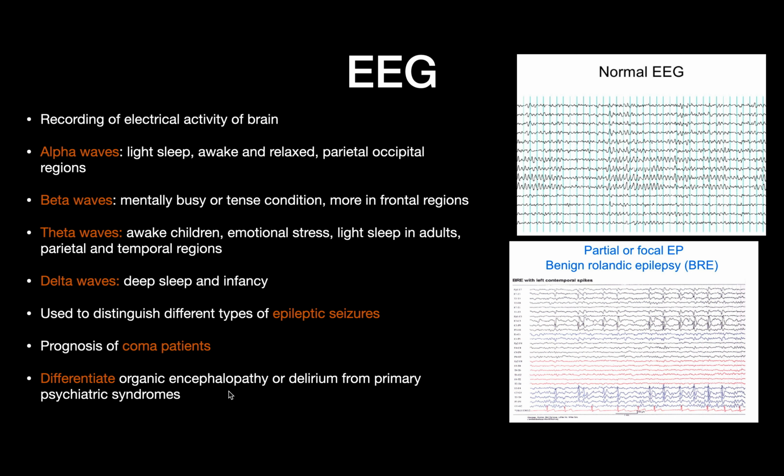The organic causes can be due to a stroke or trauma, and with the psychiatric syndromes there's less physical evidence. This is more like emotional stress, emotional abuse, trauma from the past, PTSD. So this is harder to differentiate.